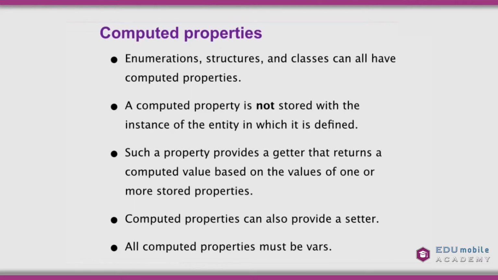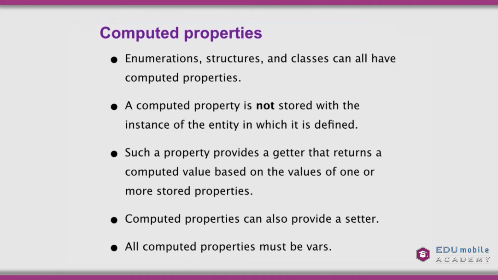All right, we talked about stored properties, pretty straightforward. They're stored along with the instance. What are computed properties? Well, a computed property is not stored along with the instance. A computed property is a property basically that we can compute from the values of other properties. We only need it when we need it, but we don't need to store it.